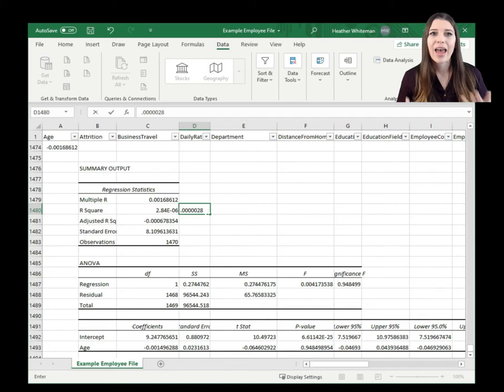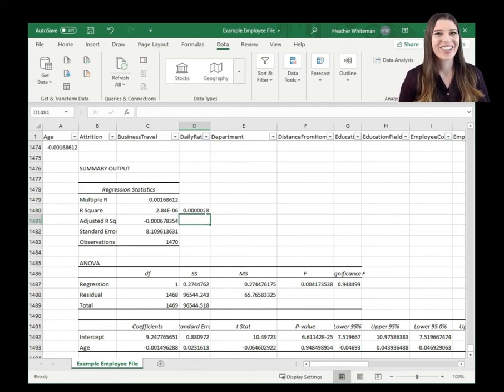And so that notation means 0.00000, 5 zeros, and then a 2 and an 8 is our R squared. So this is really low. There's almost no variance explained in terms of somebody's distance from home being explained by their age. Again, kind of expected, because our correlation was practically nothing. But this is how we would think about it.